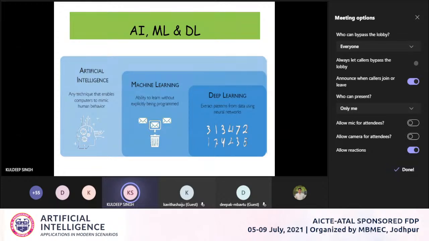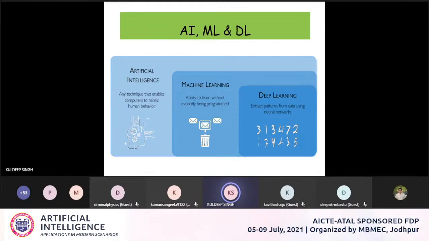The network is very deep. Usually the artificial neural network has three layers: one input layer, one hidden layer, and an output layer. However, in the case of deep learning, we have n number of hidden layers. That's why the network is deep, and that is the reason we call it deep learning.